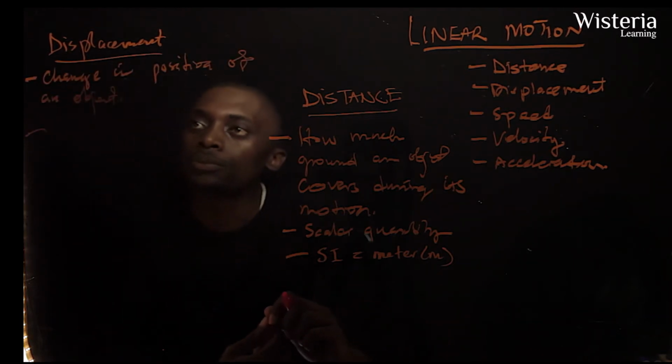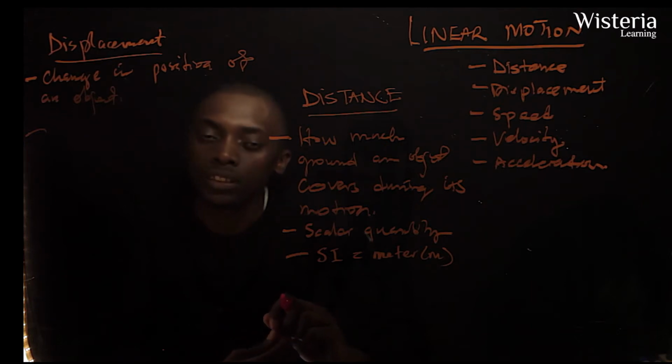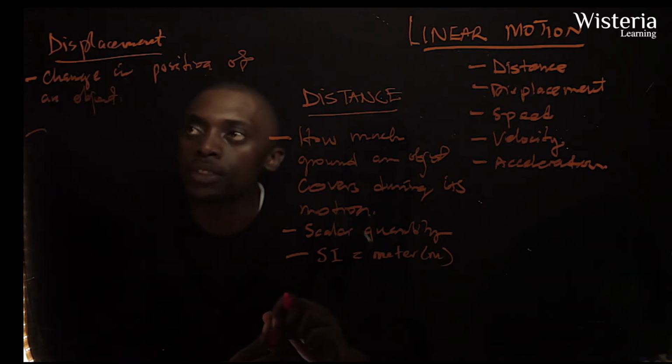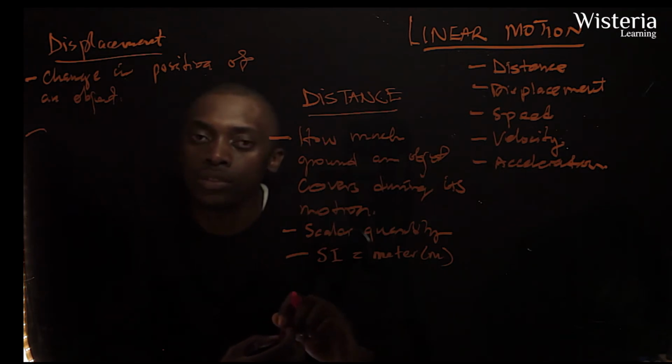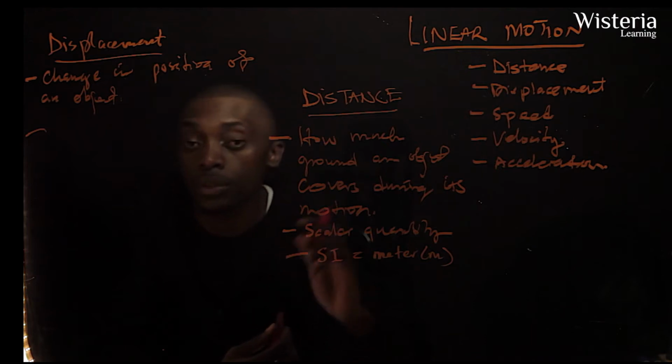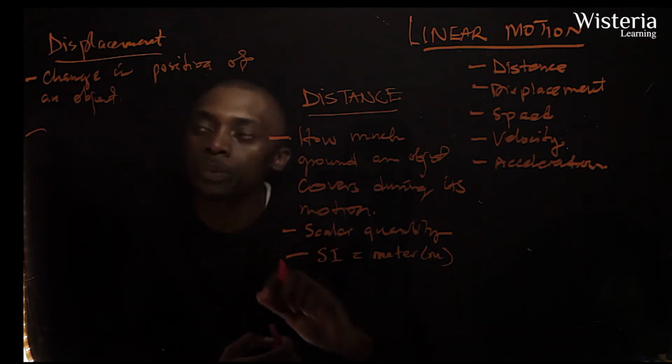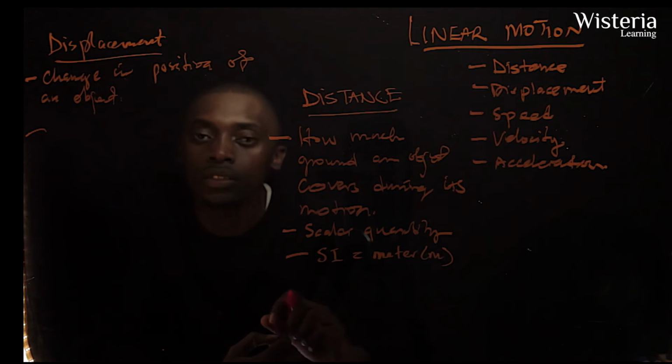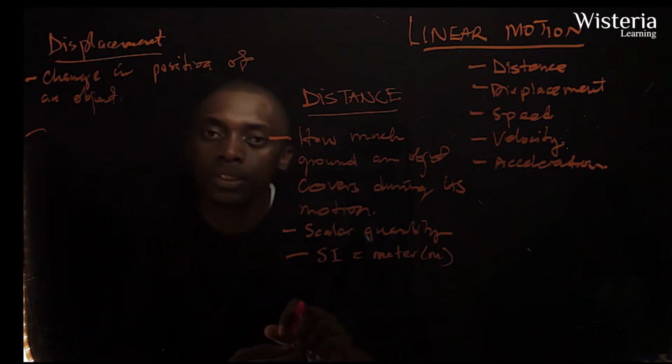The difference is that for distance, we do not consider the direction in which an object moves as it travels from one point to the other, but for displacement we consider the direction in which it moves.